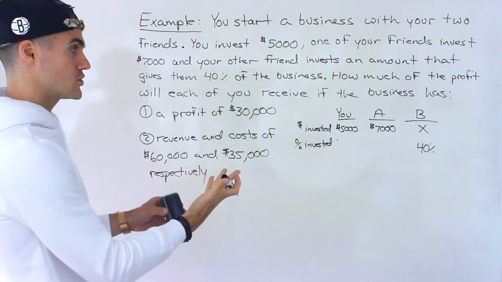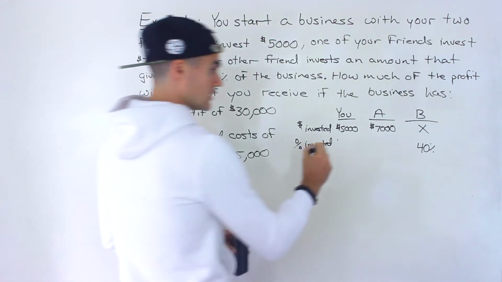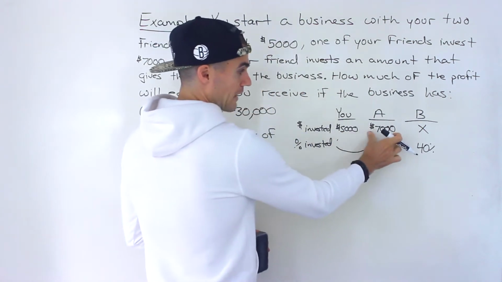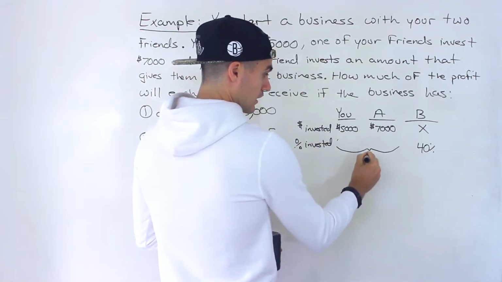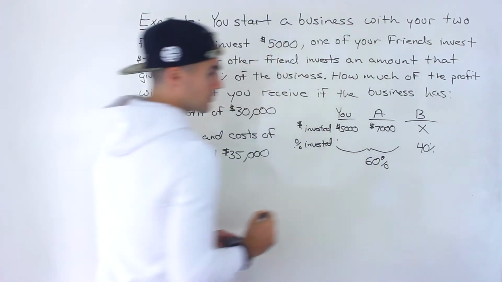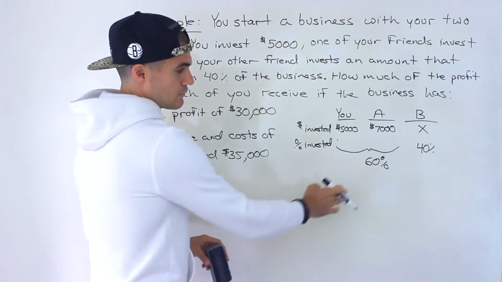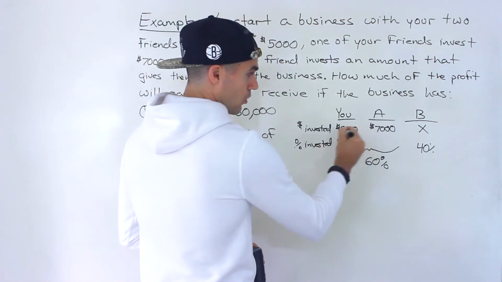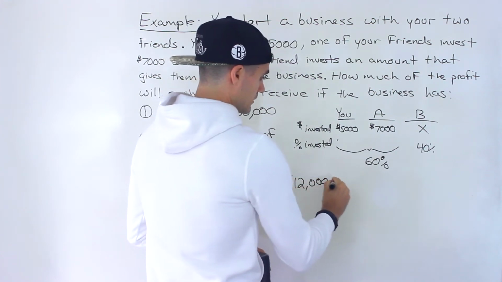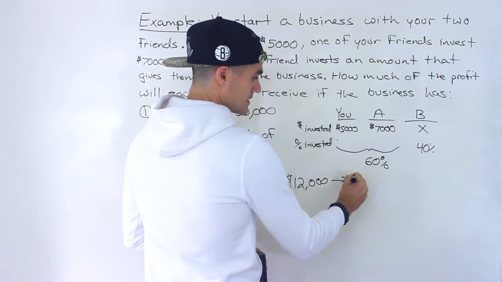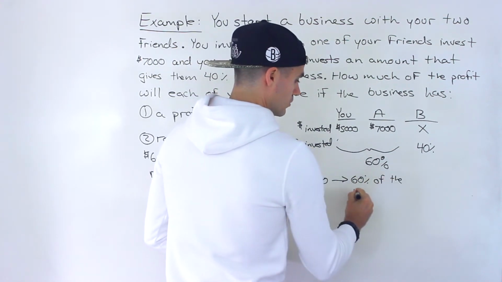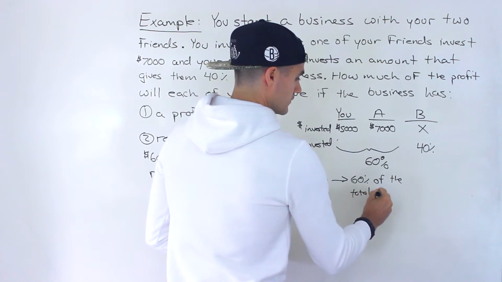However, with this information, notice that the total between you and friend A in terms of the percentage invested is going to be 60%. So if we know that this total here, which is 12,000, is going to represent 60% of the total investment.